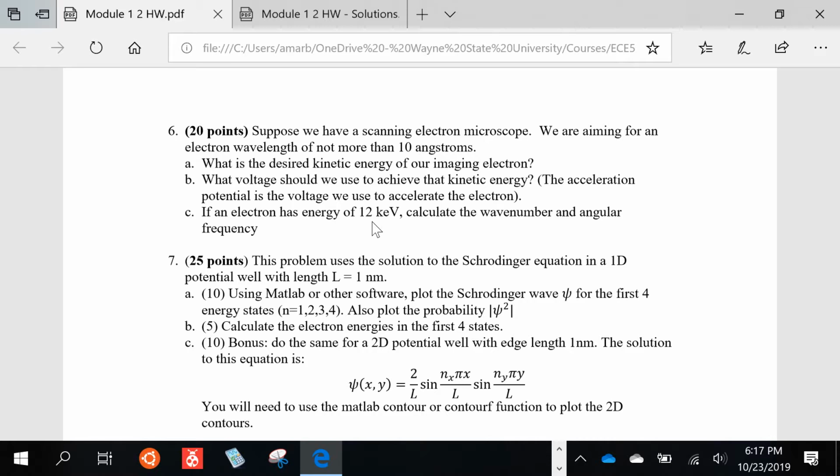That kinetic energy corresponds to a velocity, and from there you can figure out the de Broglie wavelength. In general, just remember as a rule of thumb, the more energy that a particle has, the smaller the de Broglie wavelength will be.